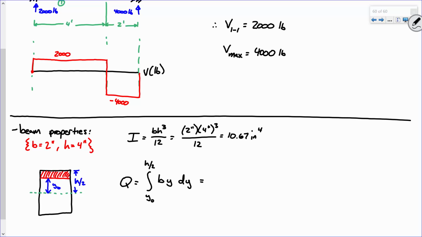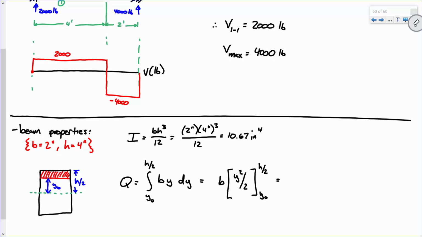All right. So B is the width. The beam's always 2 inches wide, so it's B times the integral of y, which is just y squared over 2, evaluated from y naught to h over 2.